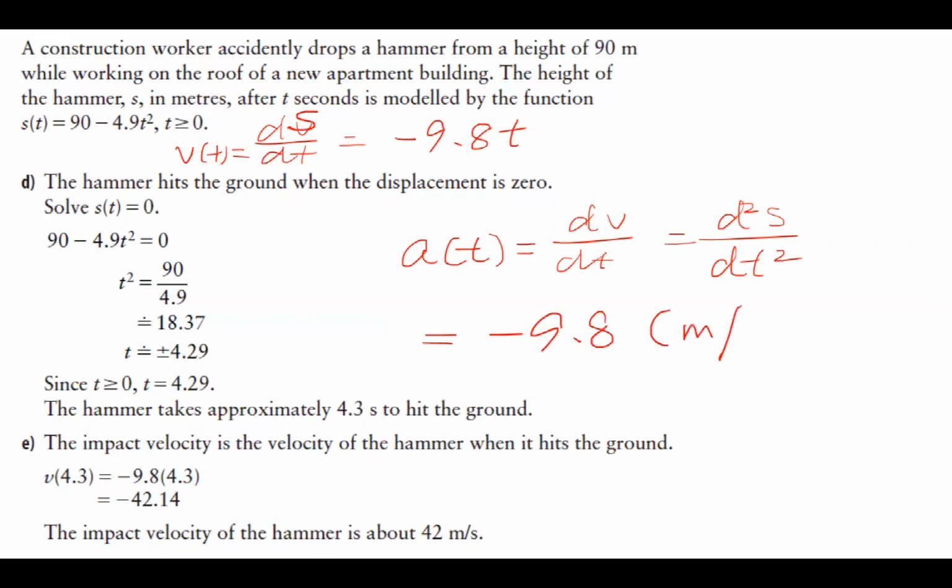The unit is meters per square seconds. So this is the acceleration of this hammer at any time t. So notice something here. This is the acceleration of any free fall object, right? Okay, any questions?